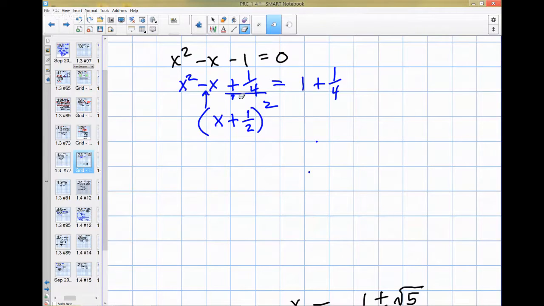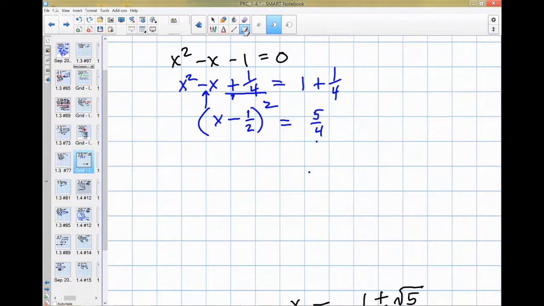You take the sign on the b term, so it's a minus. So now, if you multiply it out on the side, x minus 1/2 times x minus 1/2, guess what? You're going to get x squared minus x plus 1/4. On the right, 1 plus 1/4 is 4/4 plus 1/4, or 5/4.